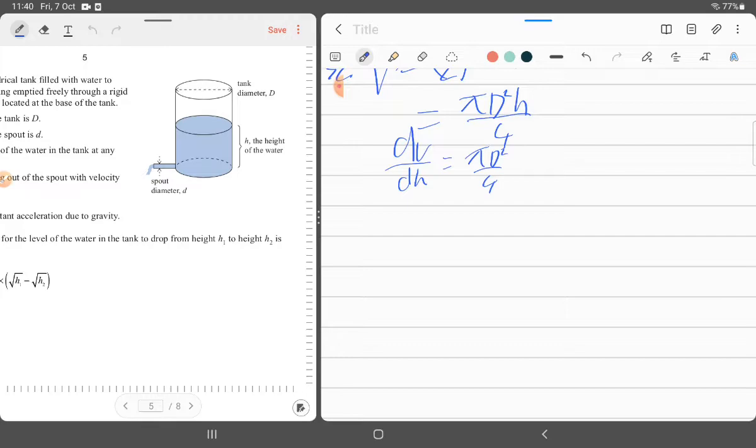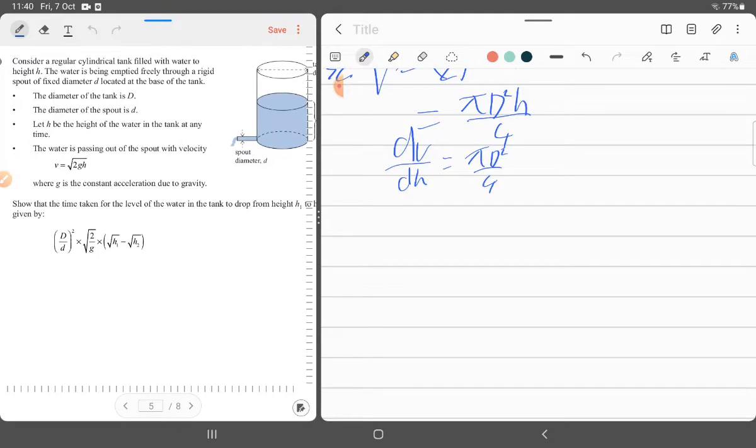Actually, then I think the volume... I think the way that the volume is getting emptied is this area times the velocity.